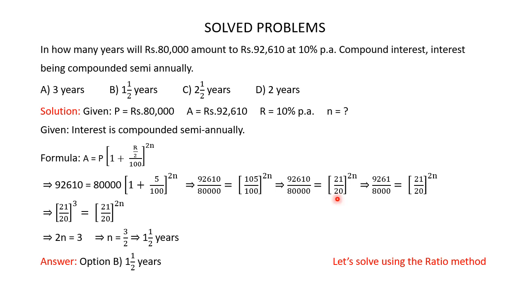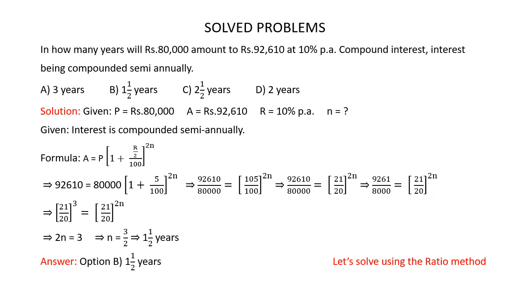Now we know that 20 cubed is 8,000, but here you have 80,000. But if this 80,000 is divided by 10, we get 8,000. So let's divide both the numerator and the denominator of this fraction by 10. So now we get 9,261 divided by 8,000 is equal to 21 by 20 raised to the power 2n.